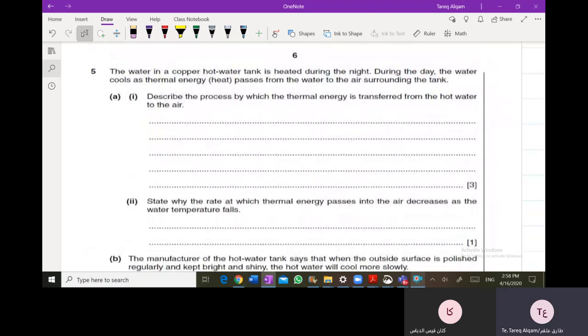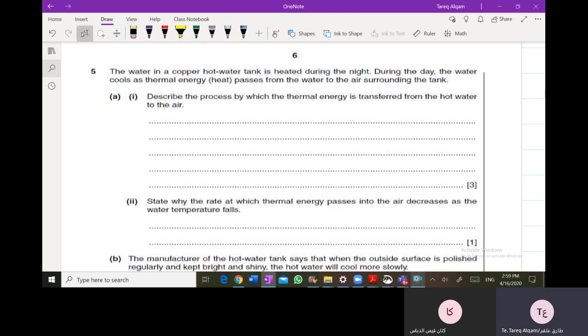Any question about that? Okay. Here, the water in a copper hot water tank is heated during the night. During the day, the water cools as thermal energy passes from the water to the air surrounding the tank.